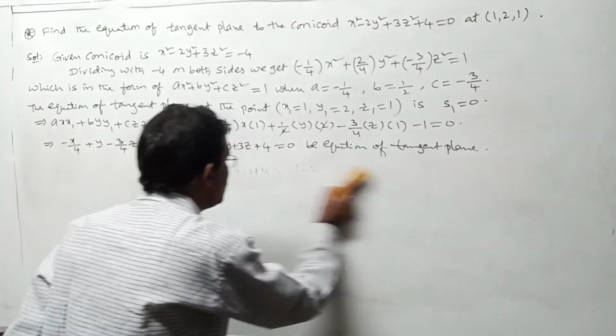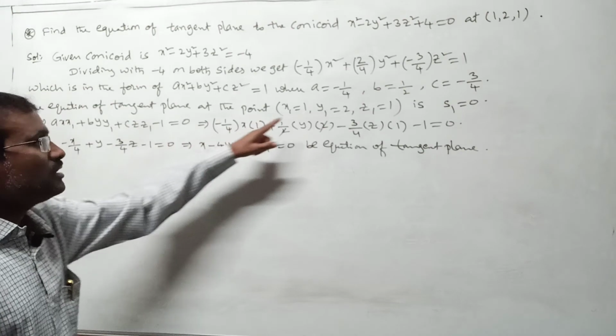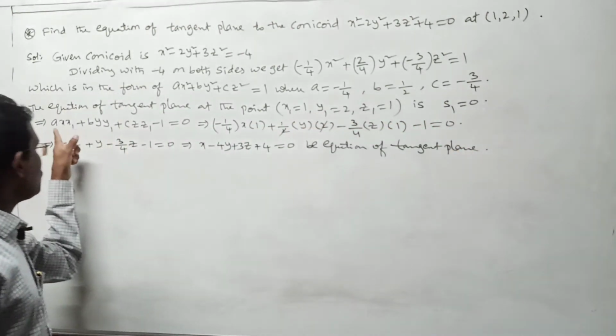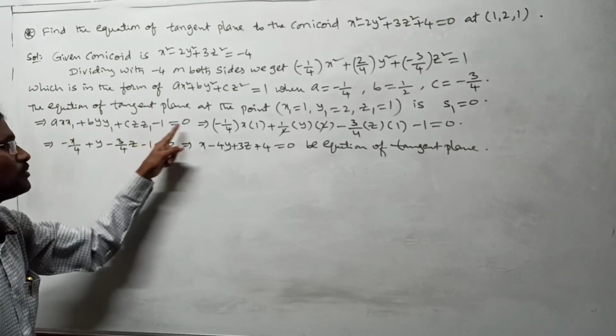If anywhere you want the equation of tangent plane, the simple concept is: take S1 equal to 0. S1 means, in this conicoid, axx1 plus byy1 plus czz1 minus 1 equal to 0.